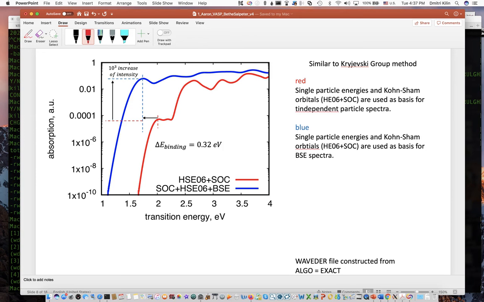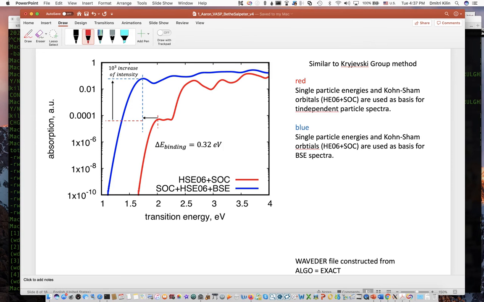That's running an HSOC plus a spin orbit coupling calculation. And then comparing it to the Bethe-Salpeter computed absorption spectra, which is the blue line.